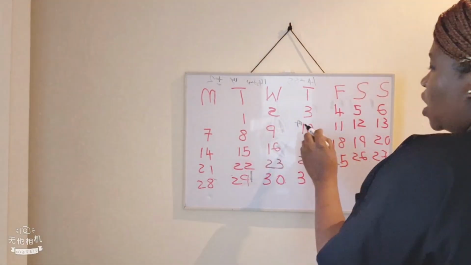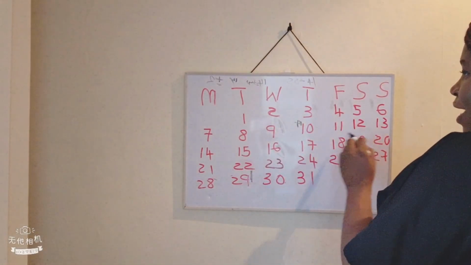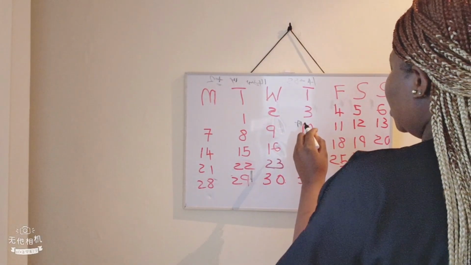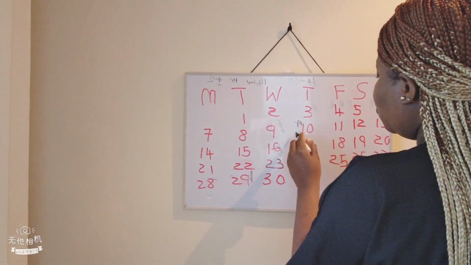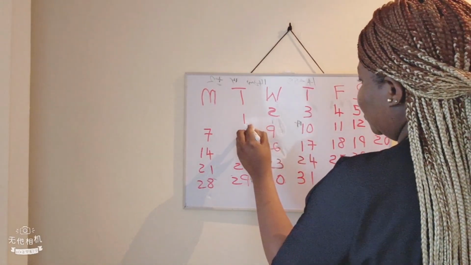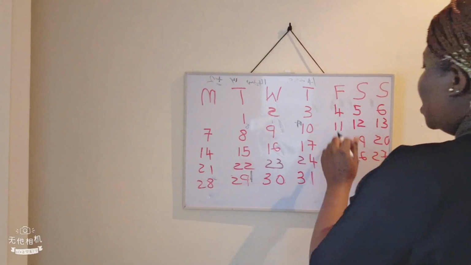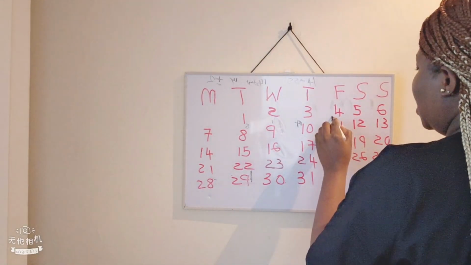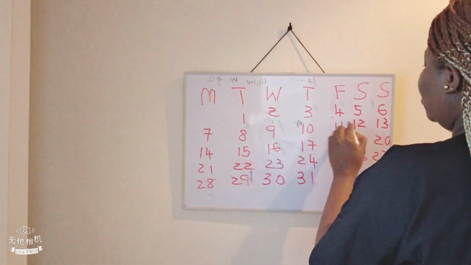So going back two days, you include 9 and 8, and then going forward, you include 11 and 12.